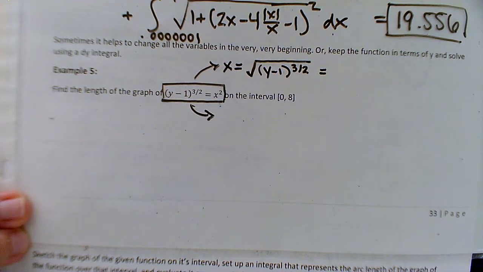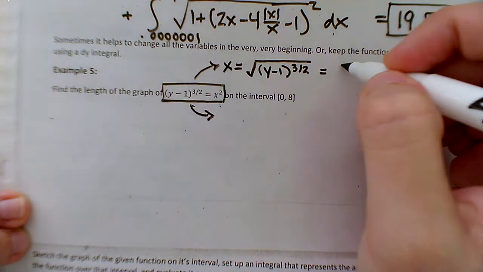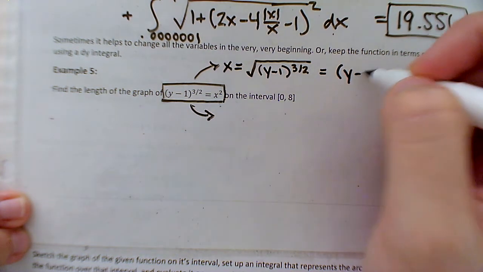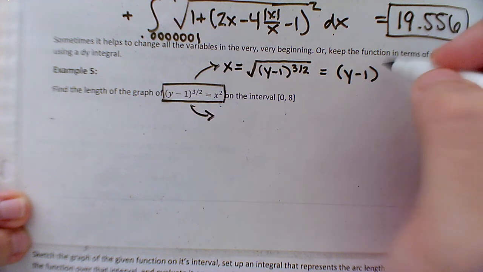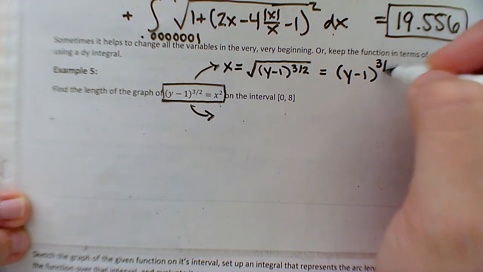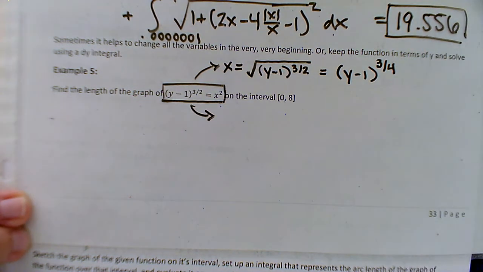Think about how the square root is the same thing as a power of a half. 3/4, yep. 3/4 power. You'd multiply the powers. Yep. Good.